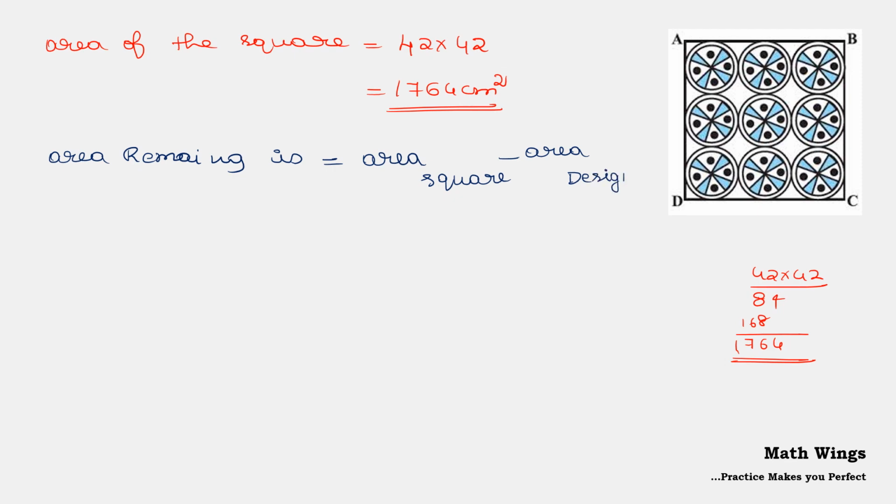I'm going to include all 9 designs. So what we got? We got the area of the square as 1764 minus, we got the area of the design as 1386. Therefore, minus 1386. So what's the answer here?